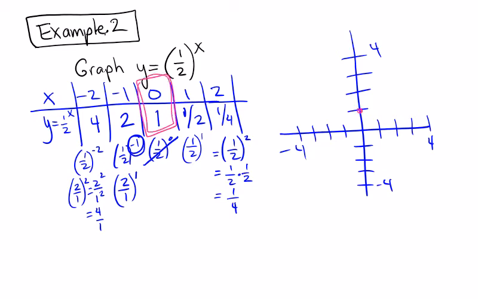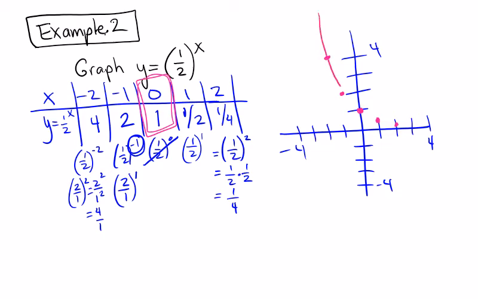That's going to become critical when we get into some specifics. Then we have the point 1 and 1/2. So it's at 1 and then a little bit, in between the y value 0 and 1, and then 2 and 1/4. And then -1 would get us at +2, and -2 would get us to +4.